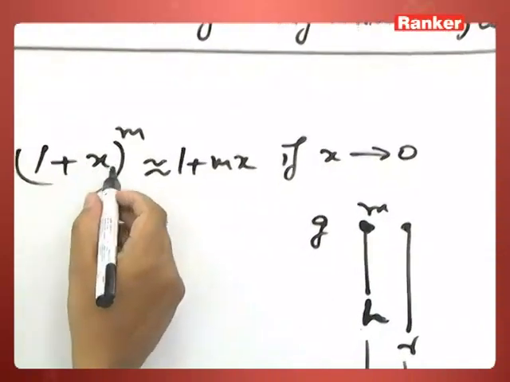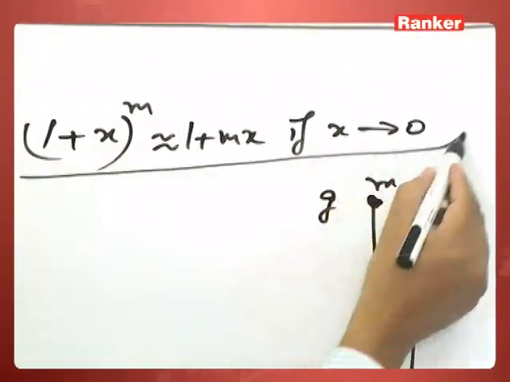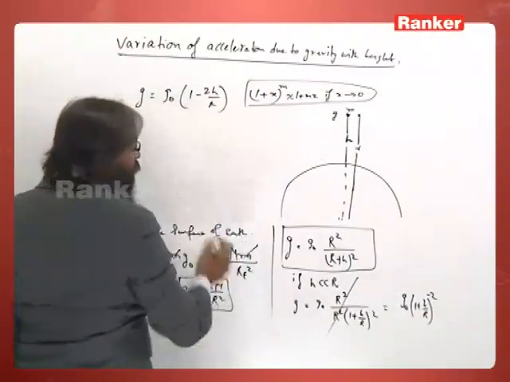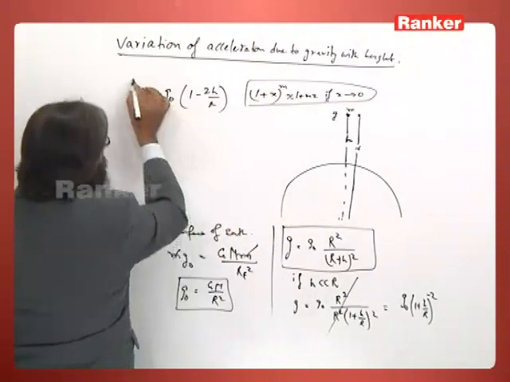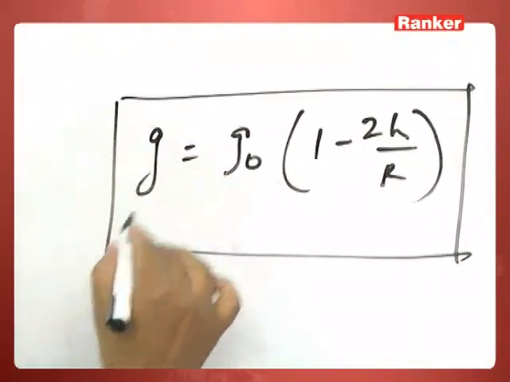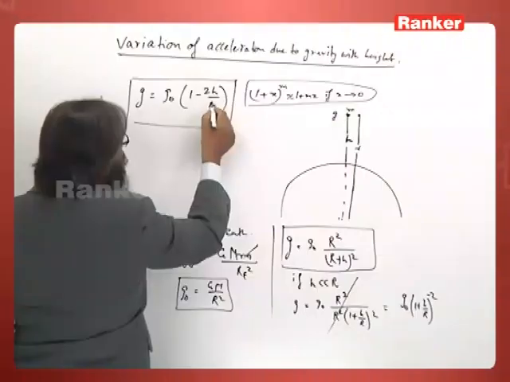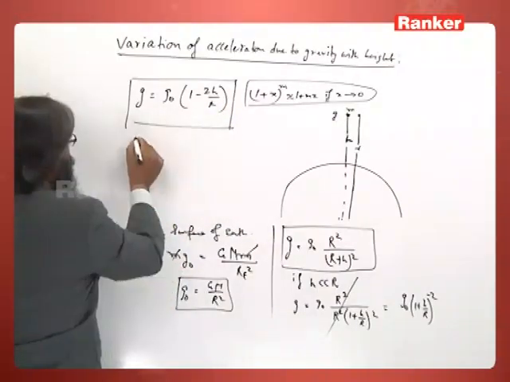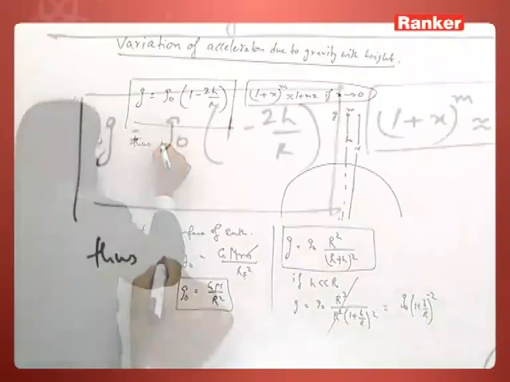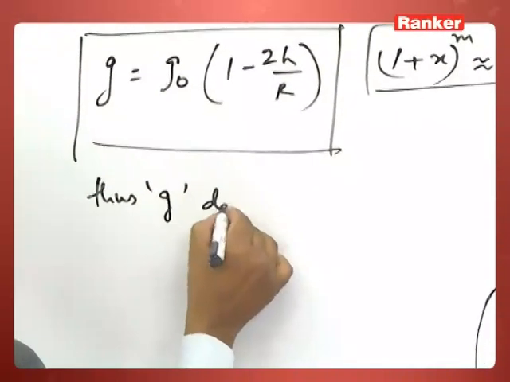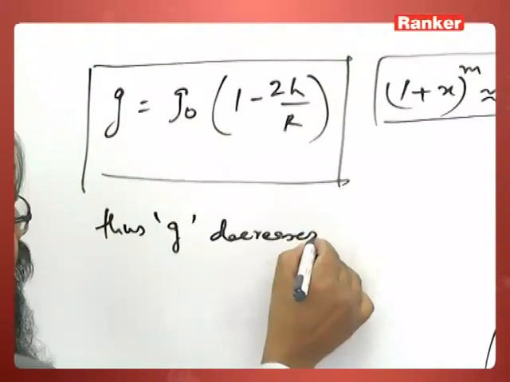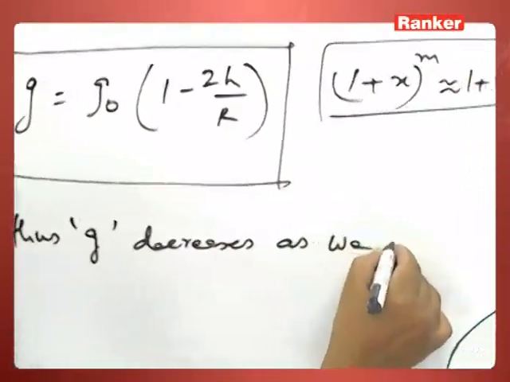If x is small, then it can be written like this. This approximation we have taken here. So, the expression for g as you go up becomes g naught into 1 minus 2h by R. Thus, g decreases as we go up.